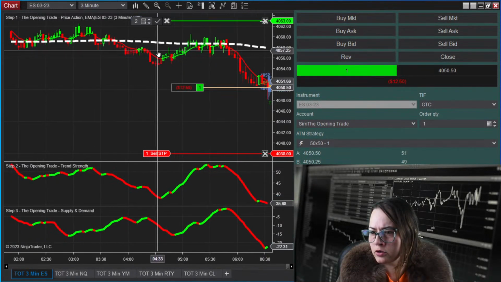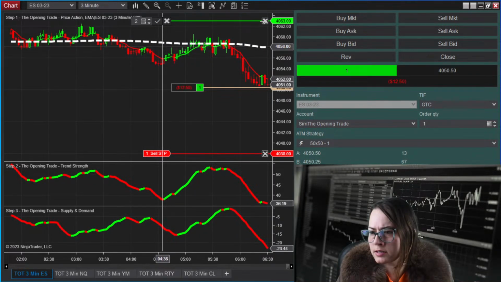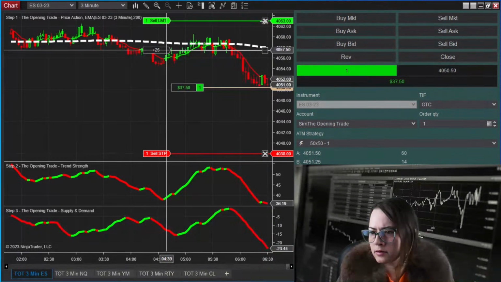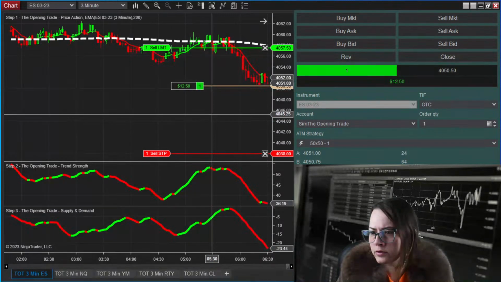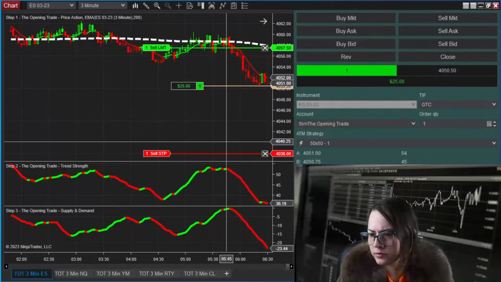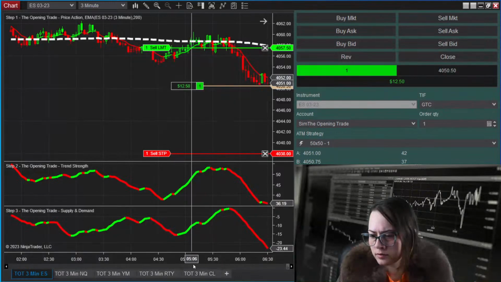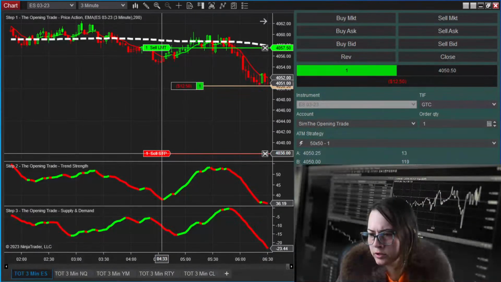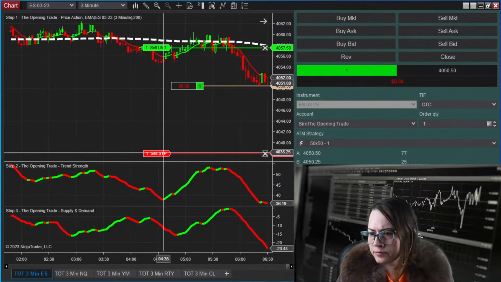So I'm doing a manual trade. I'll bring this to right there, if I can grab it. I need to expand. So I'm doing a manual trade.